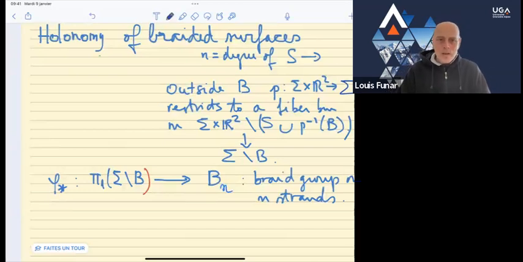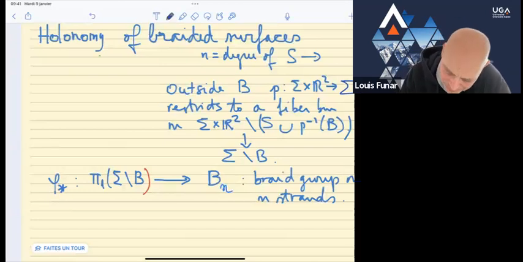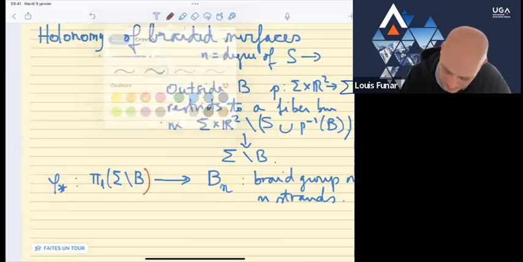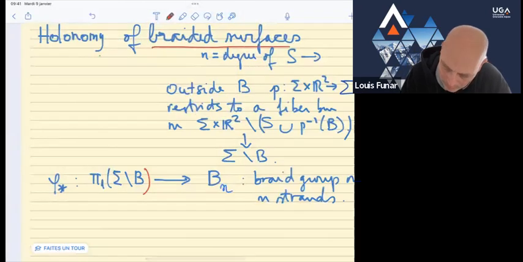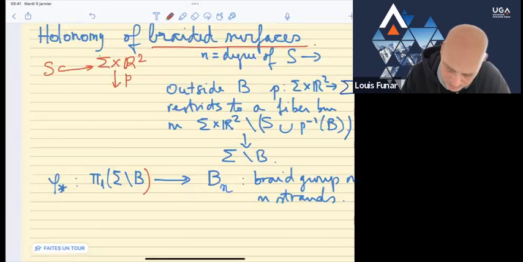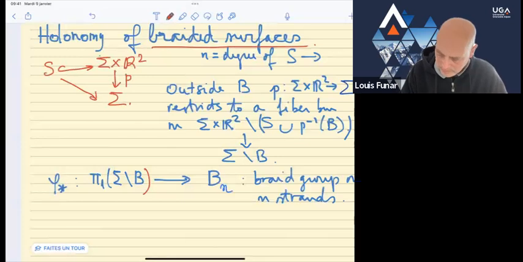So now we have a braided surface. As I said, S goes to sigma cross R2, such that by the projection P, it arises in sigma, and here is the map.